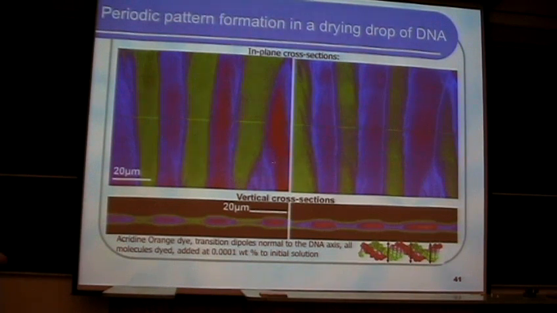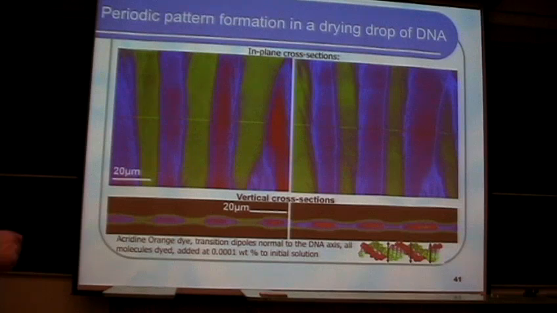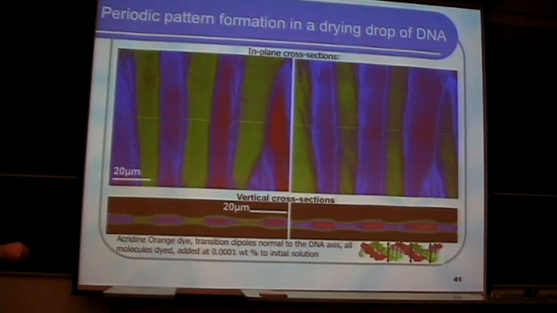And therefore, when obtaining the polarization images shown in here for two mutually orthogonal polarization directions, we can visualize those patterns of molecular orientation, not only in the plane of the sample, but also in the vertical cross-section of the sample.